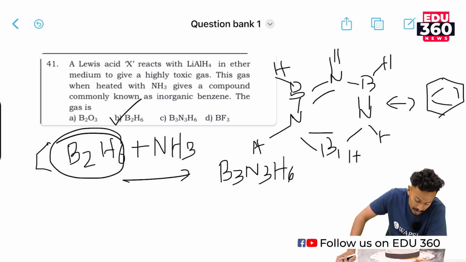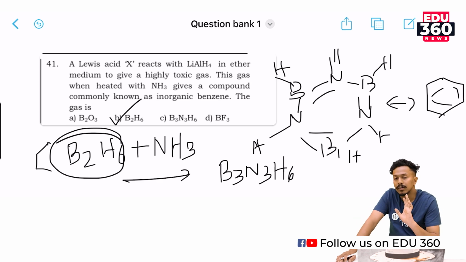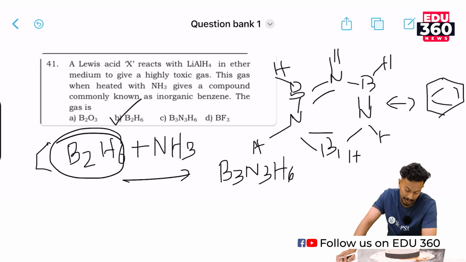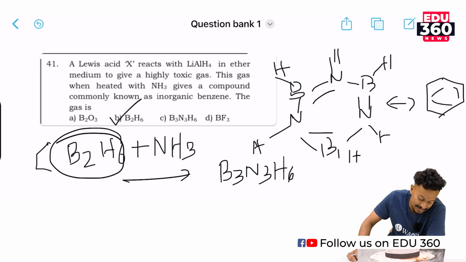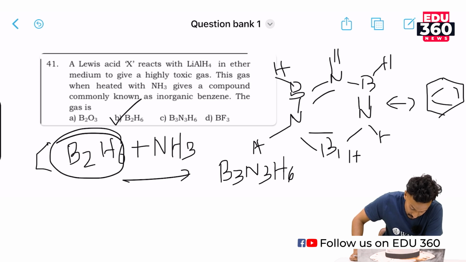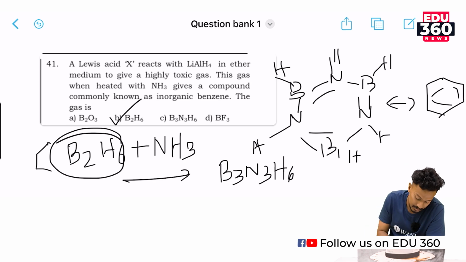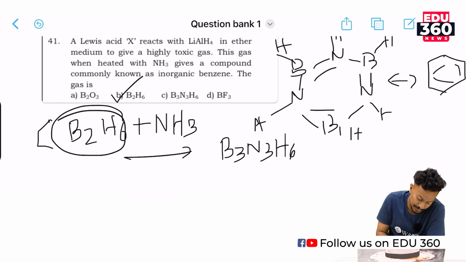We cannot determine the first part with that, so we have to move on to the next part to find the correct option. So the Lewis acid X here is boron hydride. So the correct option would be option number B.